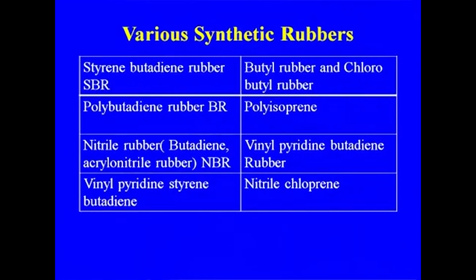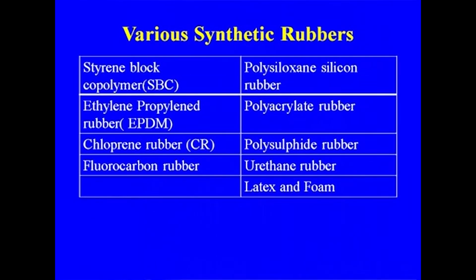Otherwise the natural source is of course there. Then vinyl pyridine butadiene rubber, nitrile, chloroprene, various combinations of monomers are there. Then the styrene block polymer SBC, which is also one of the very important outlets for styrene. Ethylene propylene rubber EPDM, chloroprene rubber, fluorocarbon rubber and silicone rubber, that is also a very important class, and polyacrylate rubber, polysulfide rubber, urethane rubber, latex and foam.